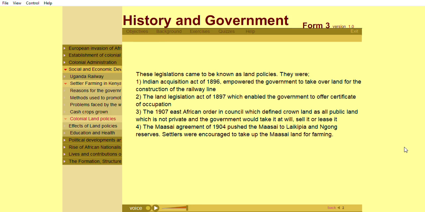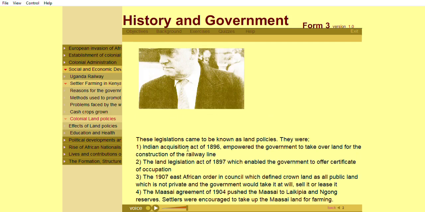The 1907 East African Order in Council, which defined Crown land as all public land which is not private and the government would take it at will, sell or lease it. The Maasai Agreement of 1904, which pushed the Maasai to Laikipia and Ngong reserves. Settlers were encouraged to take up the Maasai land for farming.